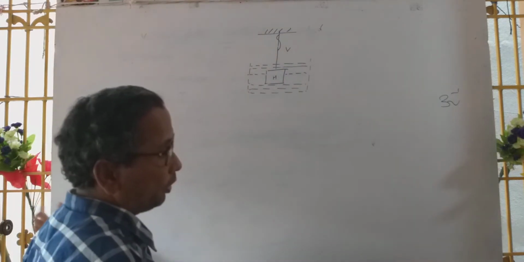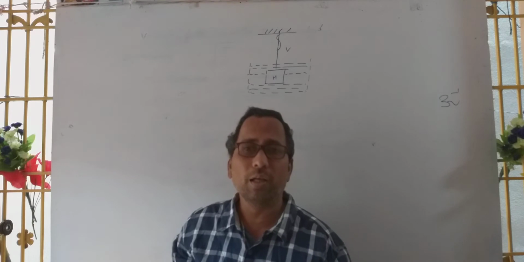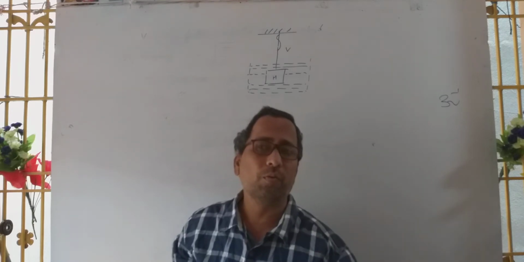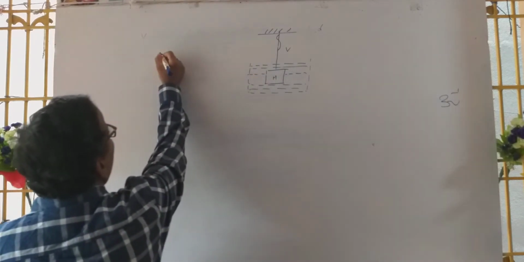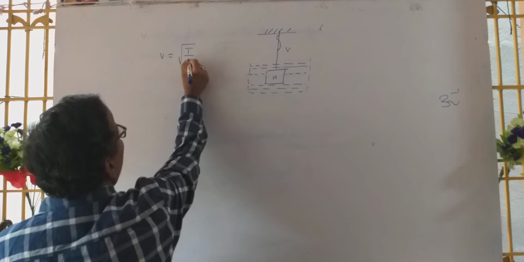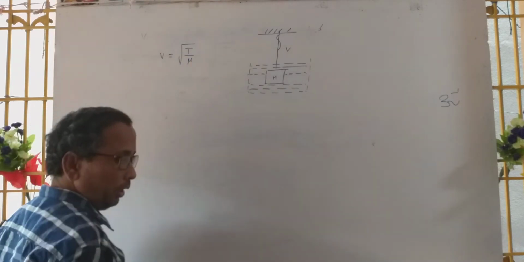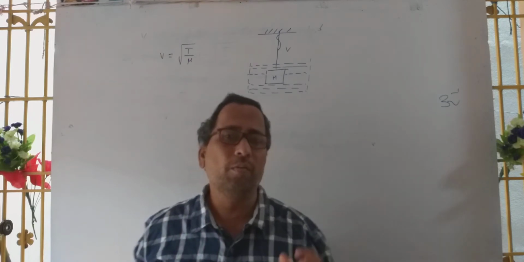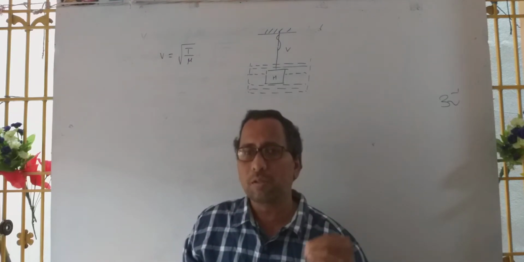If a wave is produced, then here we have to calculate the velocity of the wave. Here we are discussing the velocity of the wave v is equal to root of T by mu. In this situation, the linear density mu is kept constant. Why? Because linear density mu is equal to mass by length.